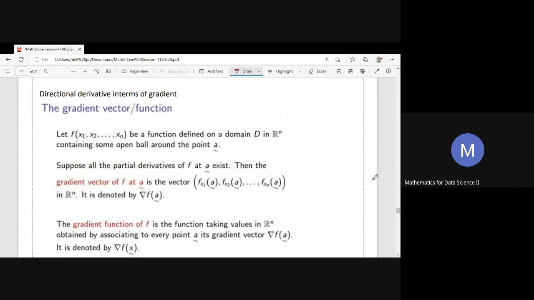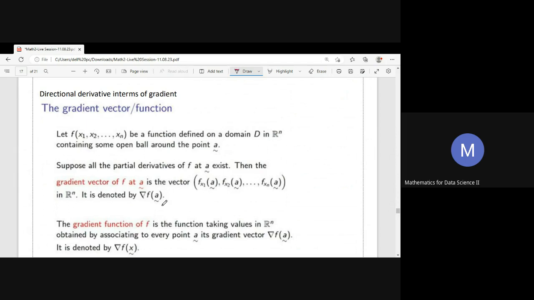Directional derivative in terms of gradient. What is the gradient vector, or gradient function? Suppose you have a function f of x1, x2, ..., xn, and the partial derivatives of f exist at a tilde. Then the gradient vector of f at a tilde is the vector of partial derivatives with respect to each of these variables.